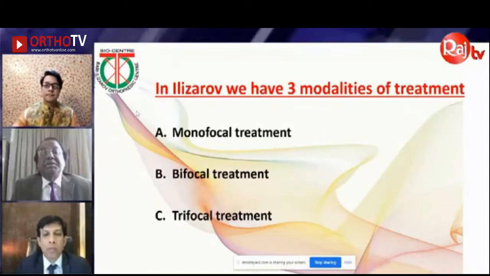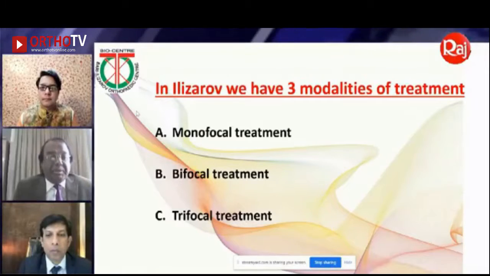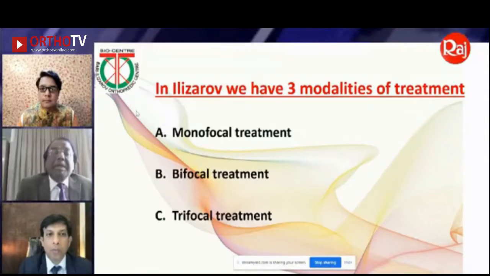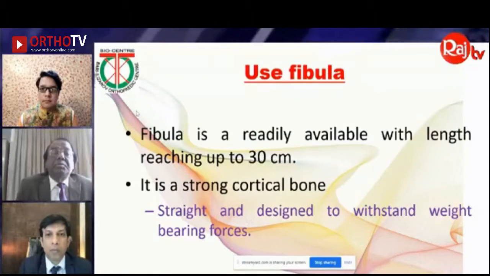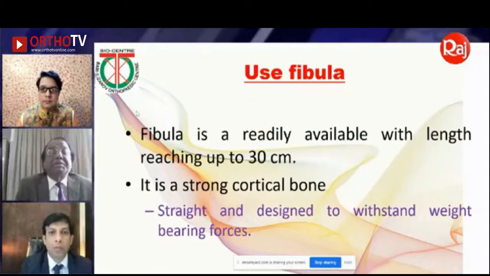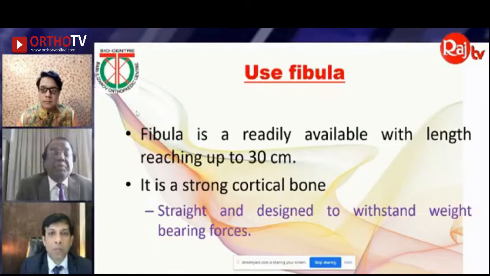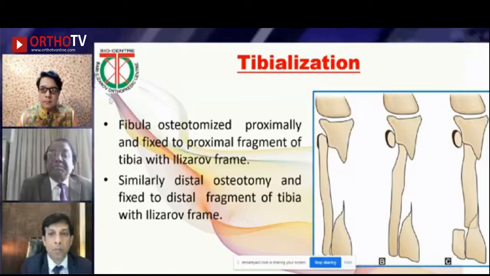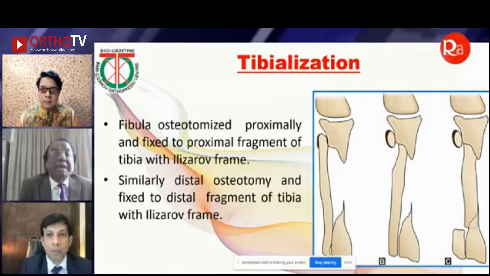And in Ilizarov surgery, we have three modalities of treatment: monofocal treatment, bifocal treatment, and trifocal treatment. Fibula is readily available with length reaching up to 30 centimeter. It is a strong cortical bone, straight and designed to withstand weight-bearing forces. You can see here, most of the Ilizarov surgeons know how to do that.